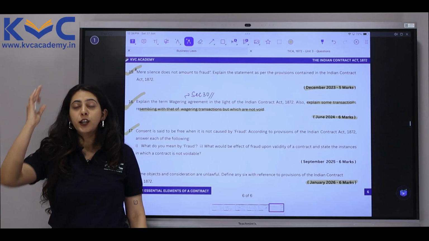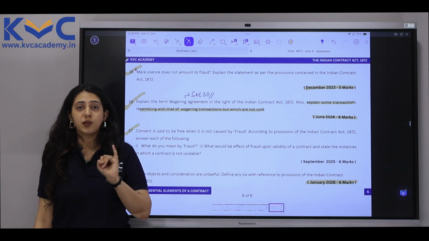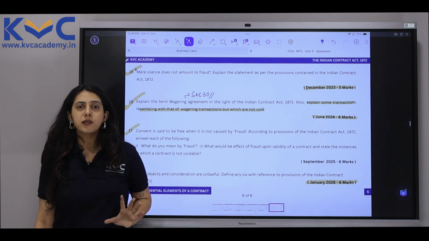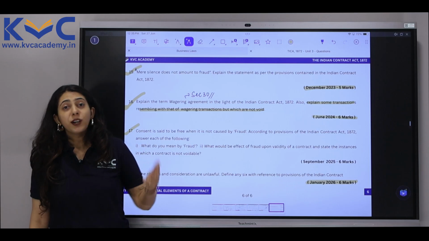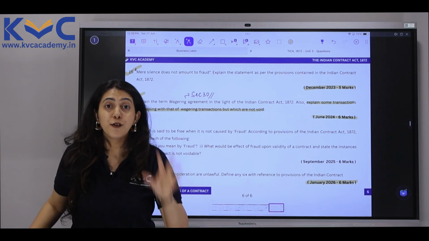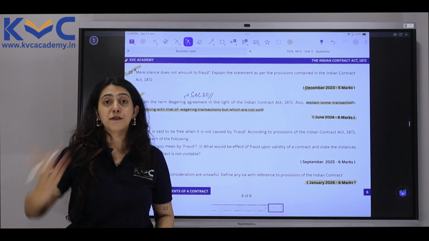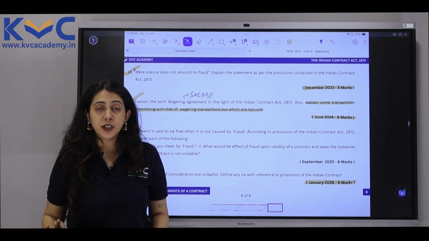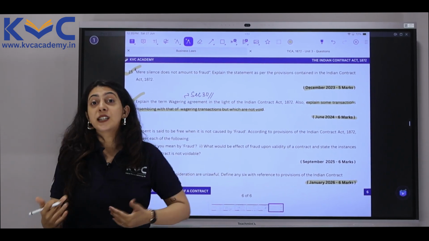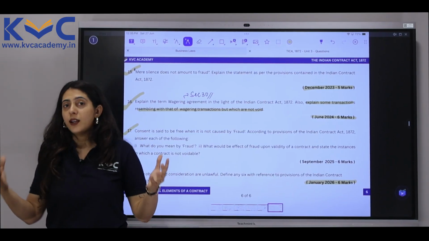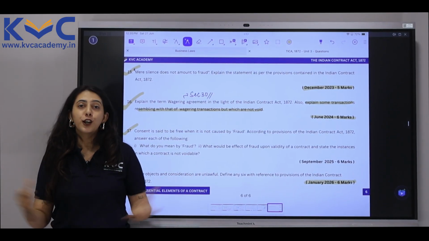It is my responsibility to make you understand whatever is there in the material or in the subject of business law. Step 2 is entirely your responsibility, which is you studying. Unless and until you study whatever I have taught you after you have understood it, we cannot do step 3 combined. This is step 3, where it's a combination of you and I learning together.